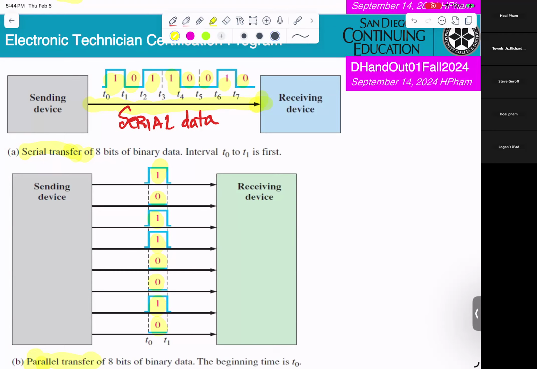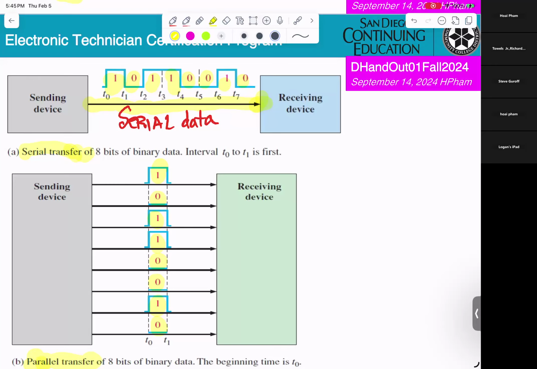So in your cell phone or the computer, when they get a serial signal, it must be converted to parallel data. You see that? When they transmit on a wire, they don't want to use too many wires. They want only one.